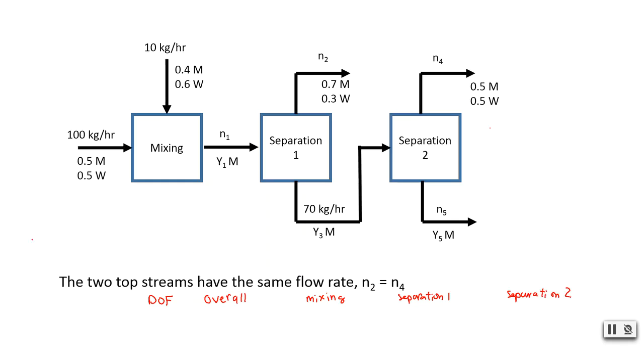In order to calculate, DOF equals the unknowns minus the components minus the equations. I'm just going to list out the unknowns, the components and the equations here. Let's go one by one.